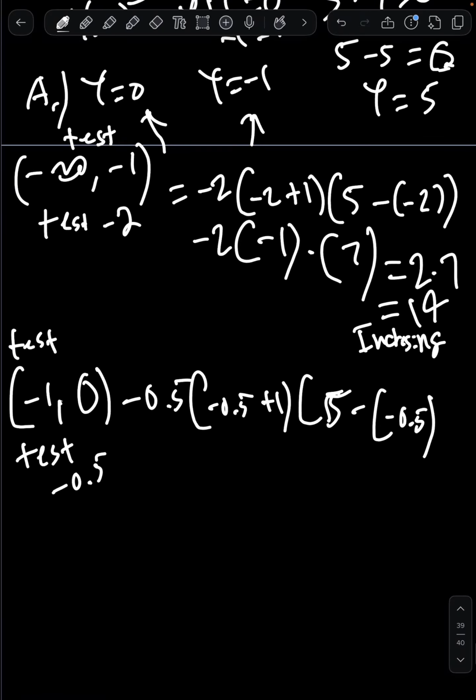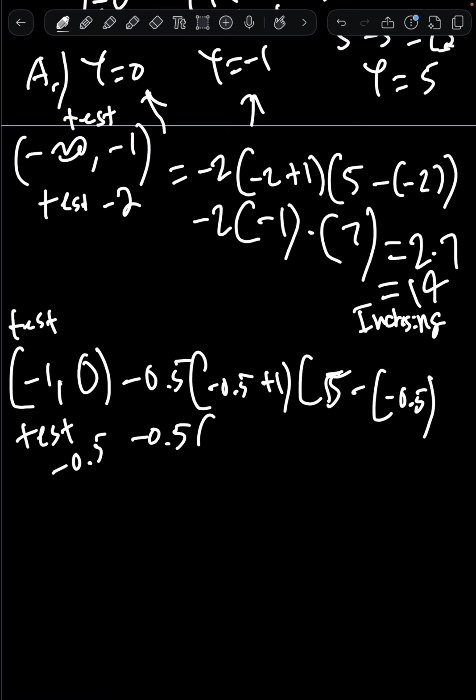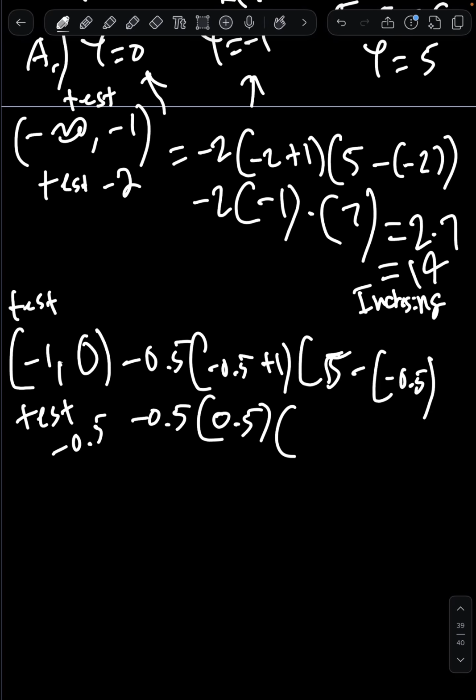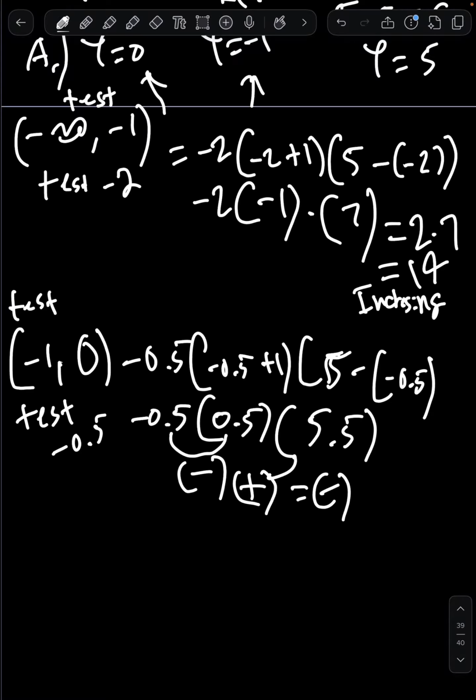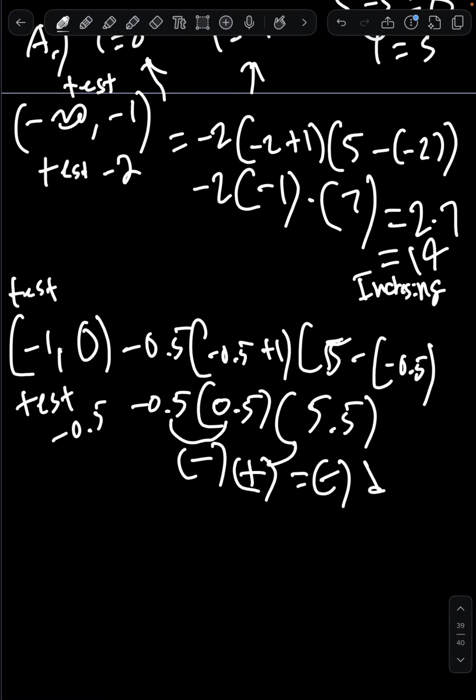So let's simplify this. Negative 0.5 can stay here, and negative 0.5 plus 1 is just 0.5. And then we have 5 plus 0.5, which would be 5.5. You can use a calculator to solve this, but if you just think about it, negative times a positive gives a negative, right? And then negative times this other positive is just going to give you another negative. So that means that this number is going to be negative, which means that it's decreasing.